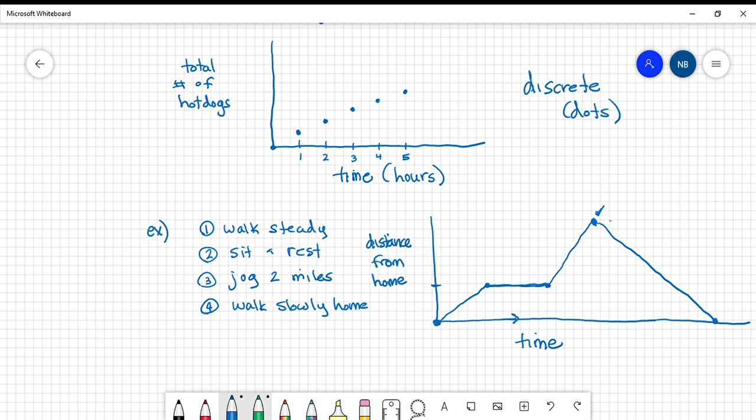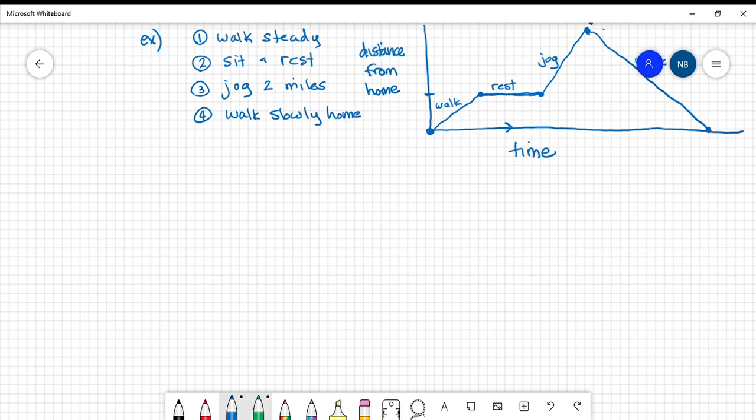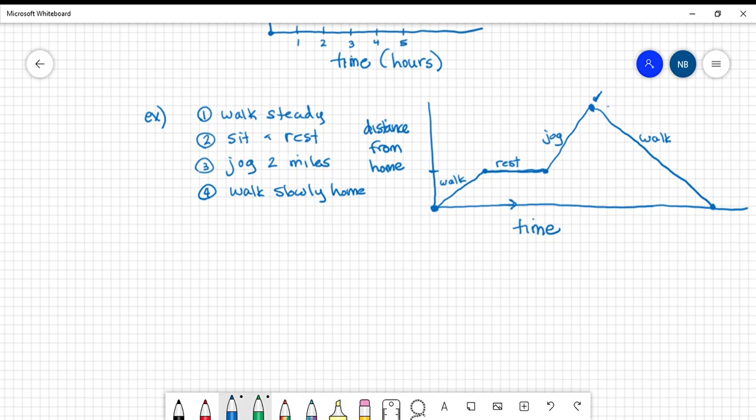This is the walk, this is rest, this is jog, and this is walk. But this last line is supposed to be less steep than the first line. I'm not sure if I've actually accomplished that. But notice again that if you pick a time on this graph, like where this red X is, and I'm interested in how far I am from home at that time, I can find it on the graph. I can only be in one place at that particular time. That's a function.